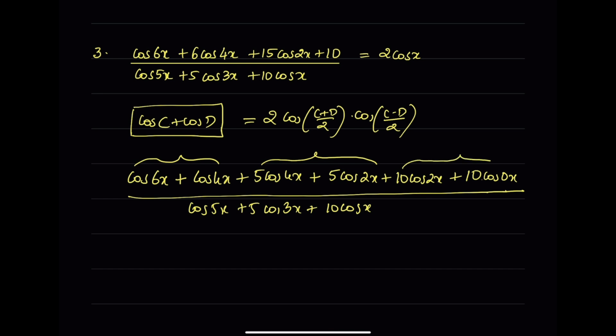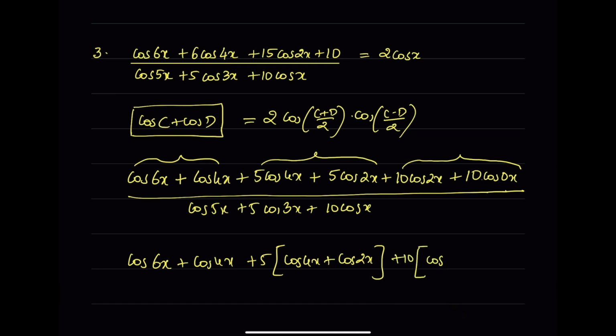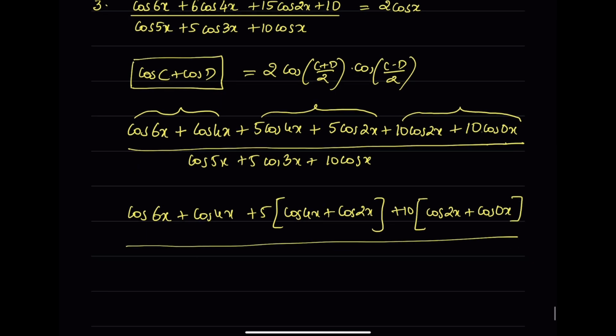Now here if we consider 10 as common, again we have cos C plus cos D. So our numerator would change to cos 6x plus cos 4x plus 5 times (cos 4x plus cos 2x) plus 10 times (cos 2x plus cos 0x). And this whole thing divided by cos 5x plus 5 cos 3x plus 10 cos x.